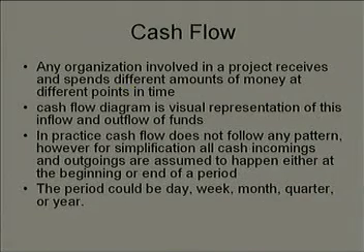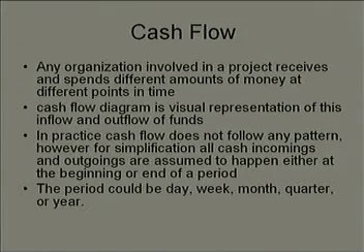So, in order to simplify these calculations, in order to simplify these transactions which are taking place on a random basis, we are assuming certain things. What are those assumptions? The assumptions are that cash transactions are occurring either at the beginning of a period or at the end of a particular period. So, that is assumption number 1.